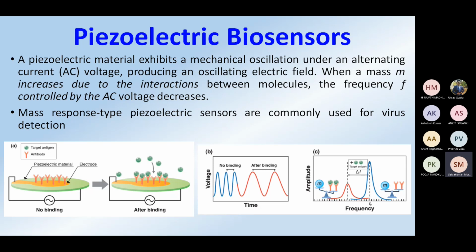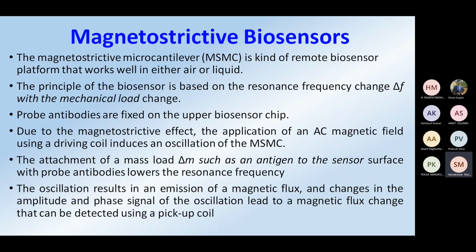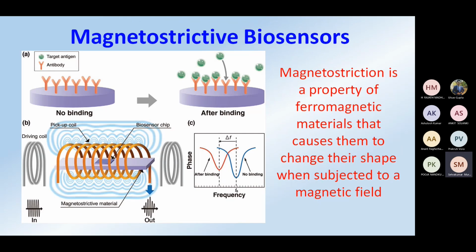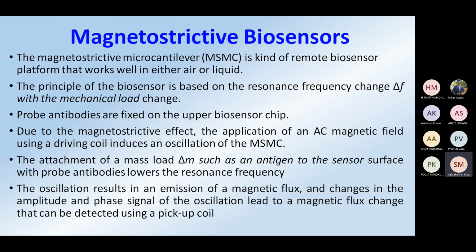So not only the piezoelectric biosensor, you can also use some other types of magnetic based things, as well as the conducting polymer based biosensor, etc. So one of the biosensors is called the magnetostrictive biosensor, which uses an alternating magnetic field to detect whether your antibodies are getting attached to the target or not.